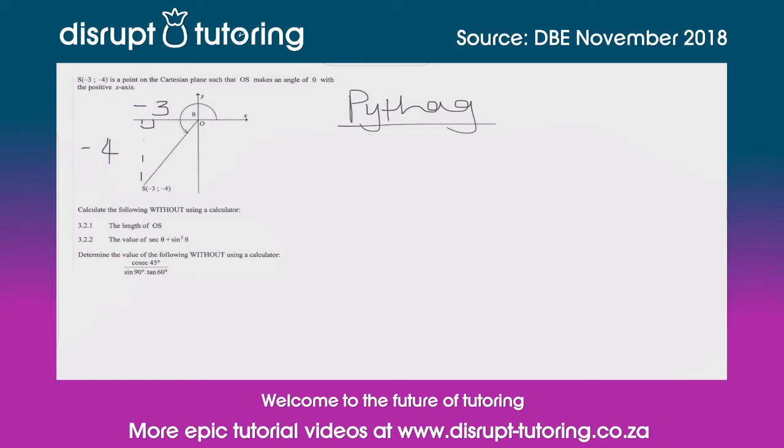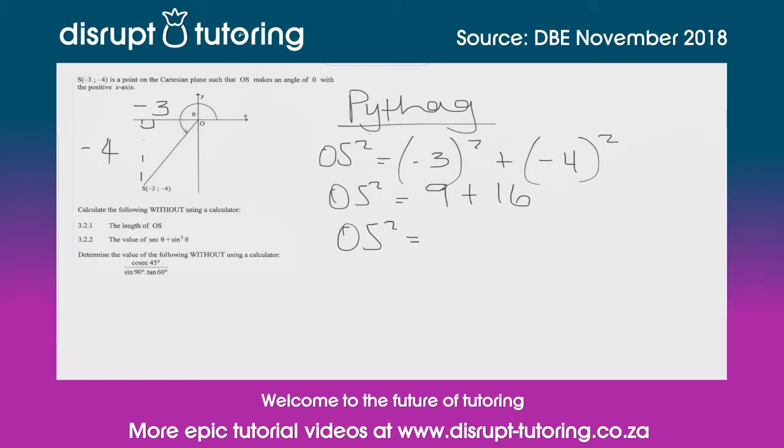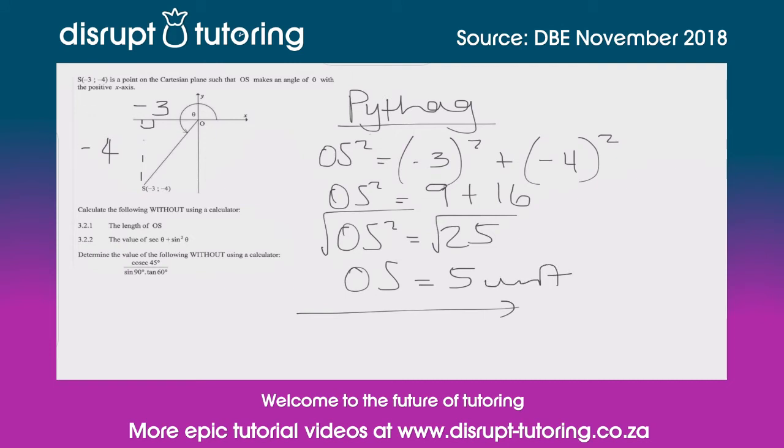So OS squared is going to equal, and we can put those negatives in, (-3) squared plus (-4) squared. That's going to give us OS squared is equal to 9 plus 16. That means OS squared is equal to 25. And to get rid of that square, I'm going to square root both sides. That's going to be OS is equal to 5. Okay, so that's 5 units. And that gets you a couple of good marks there.